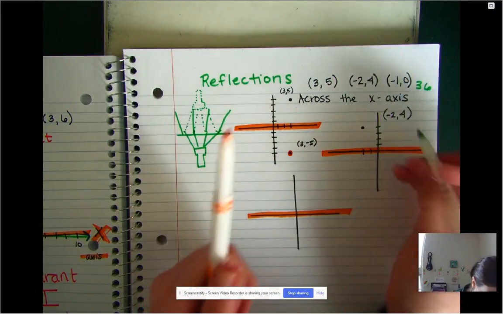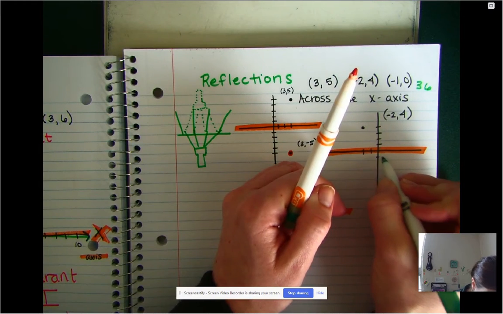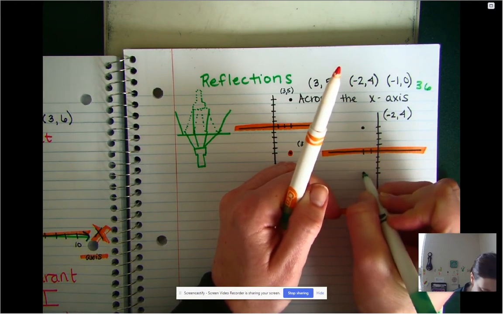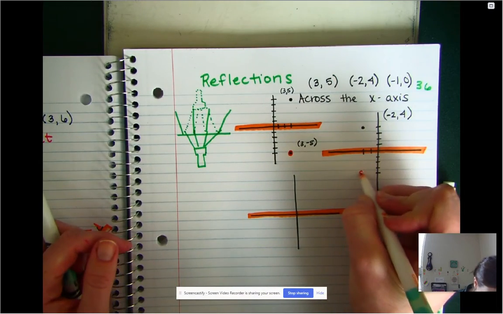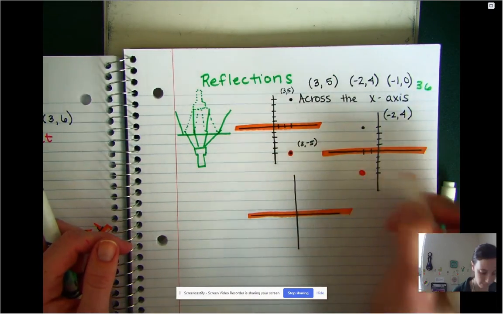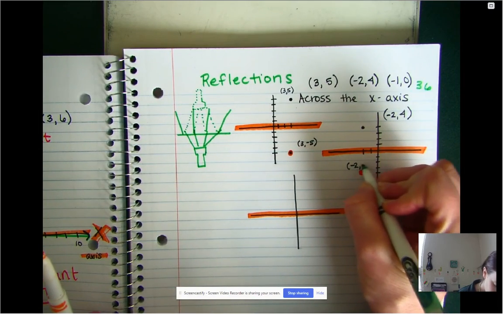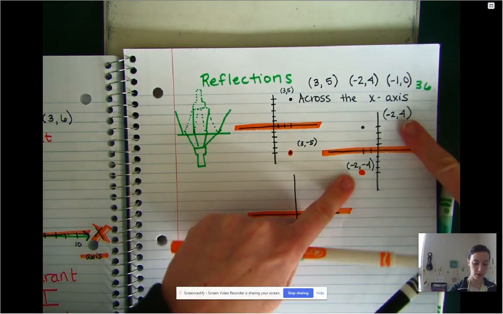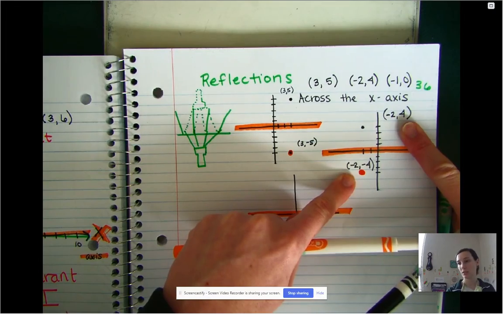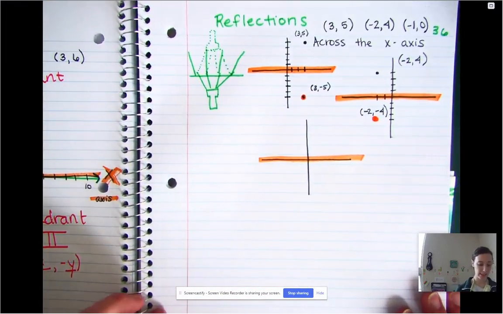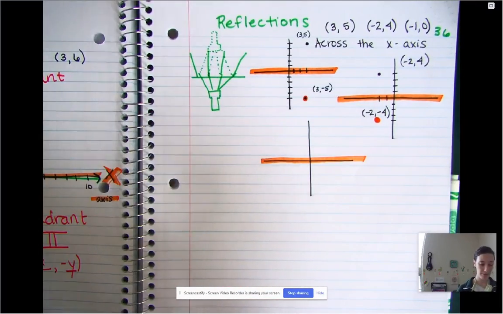It would show up at (-2, -4). Again, take a look at the coordinates. Notice what happened.